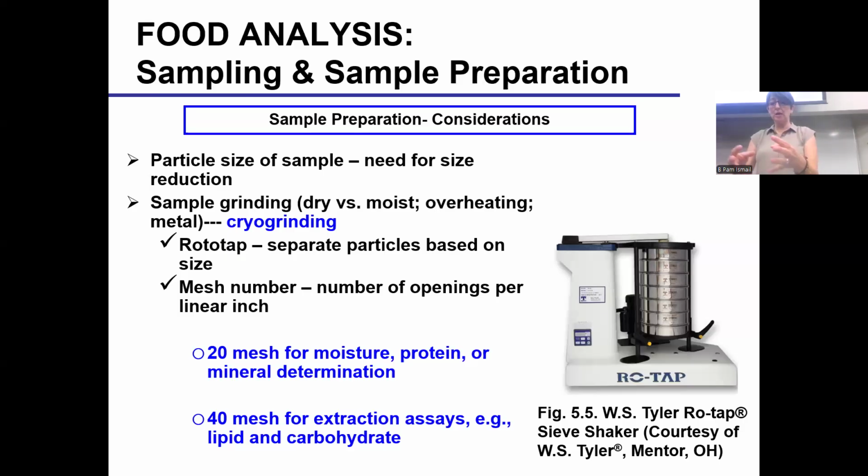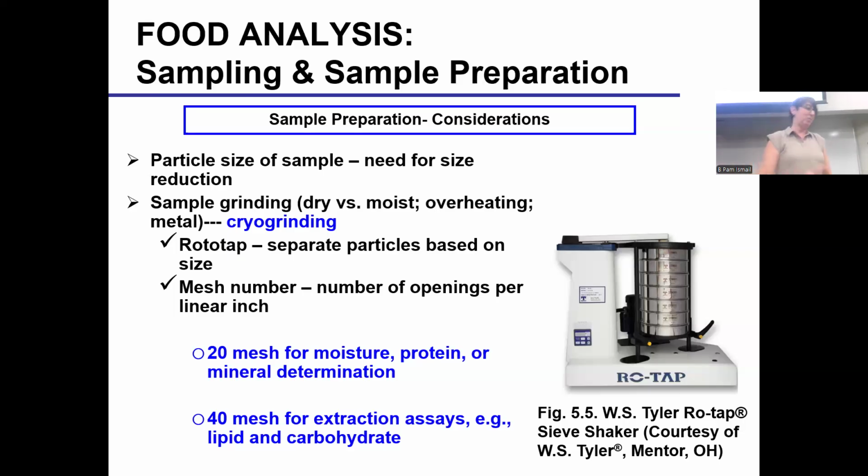You can take your sample that is high in moisture and sticky, put it in the freeze dryer, take it out, and then grind it dry. But then you always have to account for the moisture. One thing you can do, you can weigh the sample before you put it in the freeze dryer, take it out, weigh it again, so you can account for the moisture content. So remember this for your capstone.